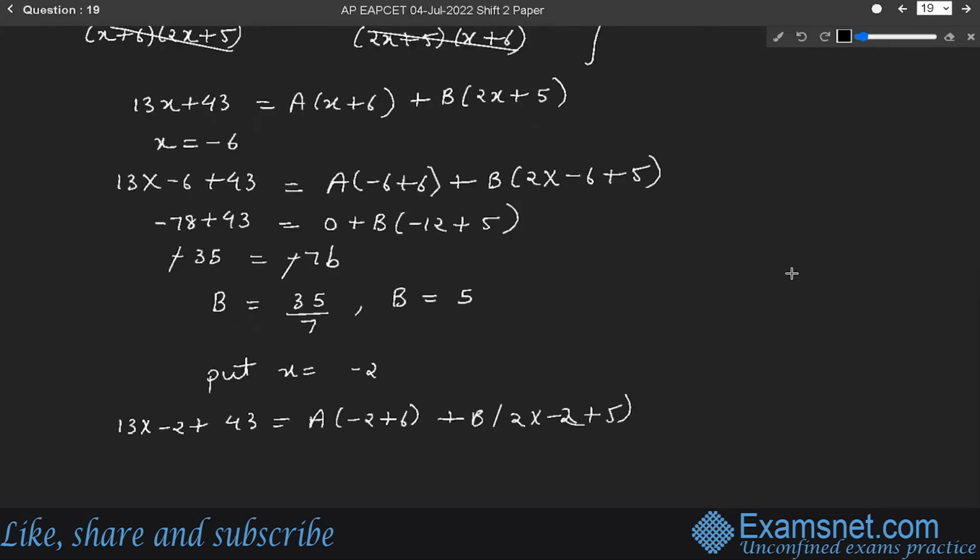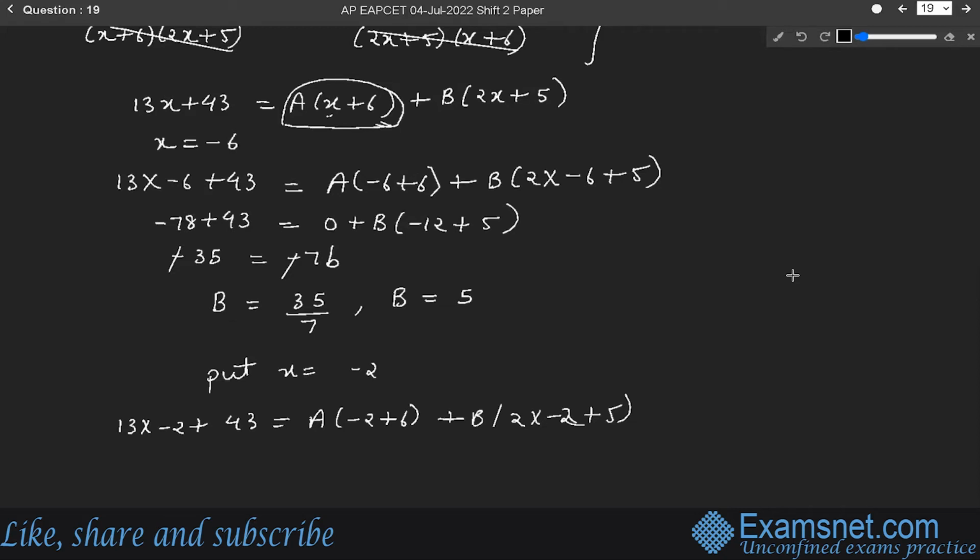See, in this type of question, don't get confused with this term that the value of x is minus 2. What we have to do is, in the first term, we have to eliminate the a part. So in order to eliminate the a part, we have to think that if we put x is equal to minus 6 here, then it becomes 0. Similarly, now we have to eliminate the b part.